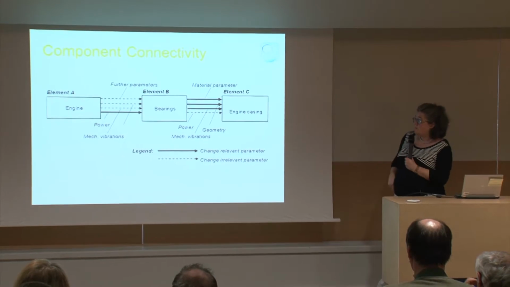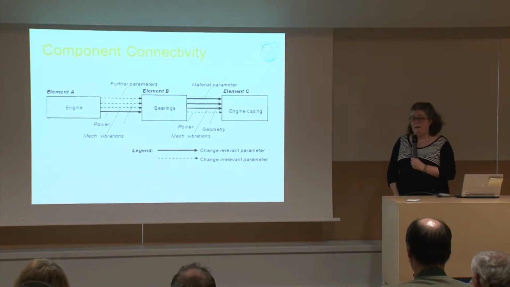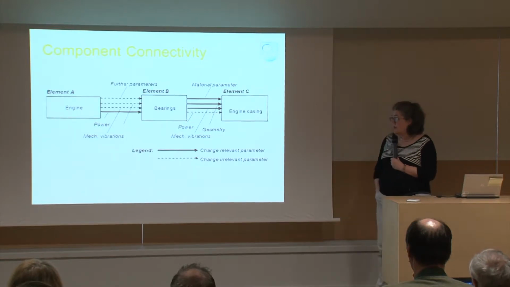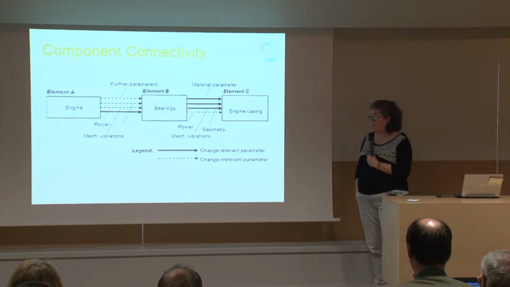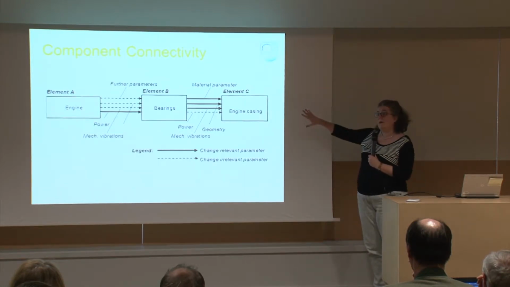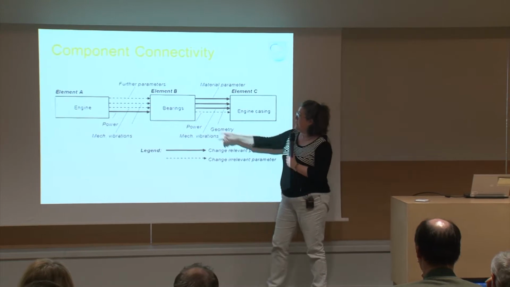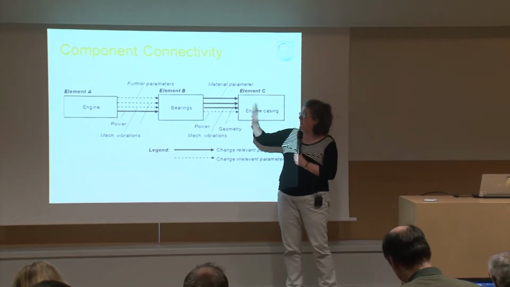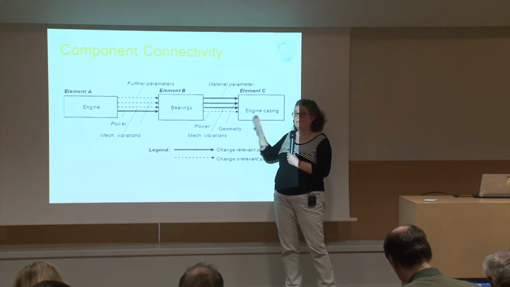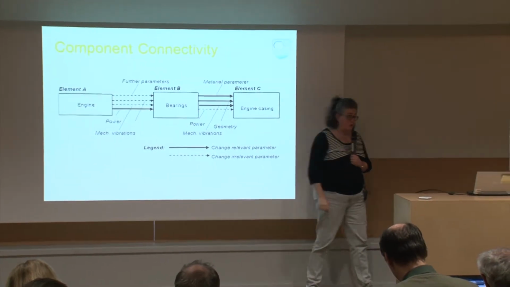So we need to think about changes in a quite differentiated manner as to whether they would propagate or not. And some of the motivation behind the work on margin is to identify margins on key parameters so that one understands these paths of propagation, rather than saying if the engine changes, then the bearings will change, because they might or they might not.